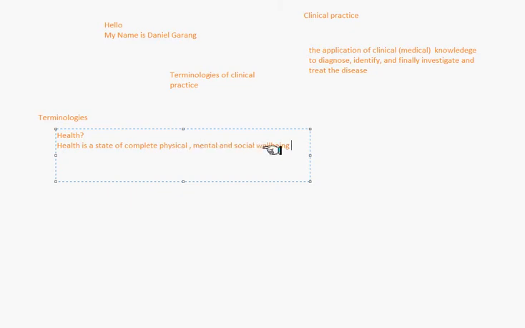Great. Now it means that if you are physically fit, it doesn't mean you don't have disease. If you are mentally coherent and not ill, it doesn't mean you don't have disease. If you have a social problem, it also doesn't mean you don't have disease. We'll talk about these things later, but for short and brief, that is the definition of health.